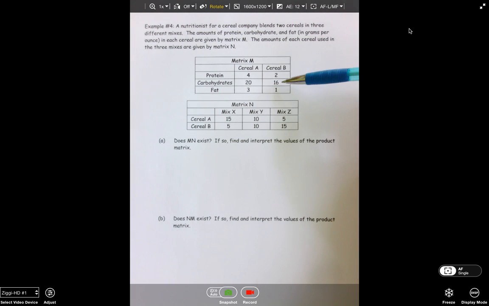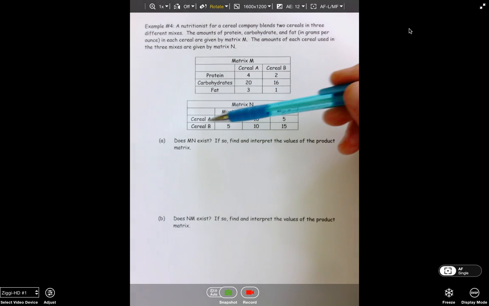We've organized our measurements here. So matrix M gives the protein, carbs, and fat for cereal A and cereal B, and matrix N gives cereal A and cereal B of mix X, mix Y, and mix Z.